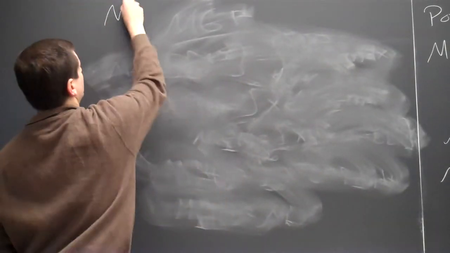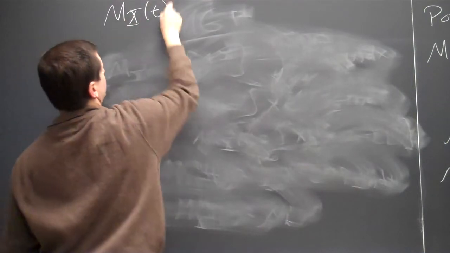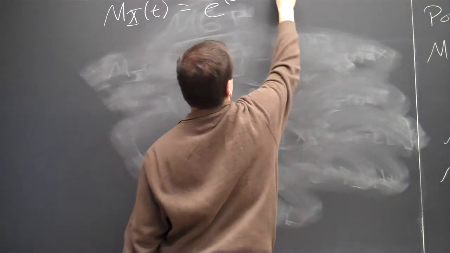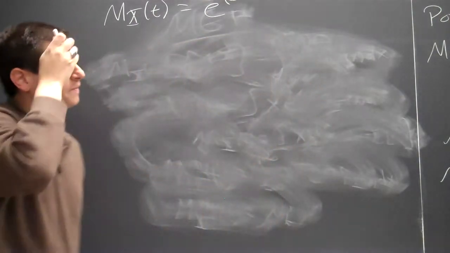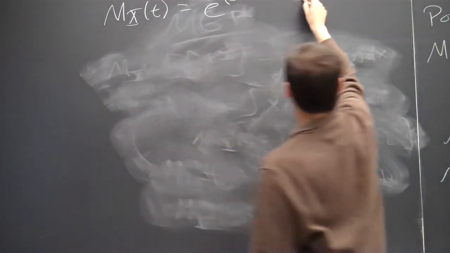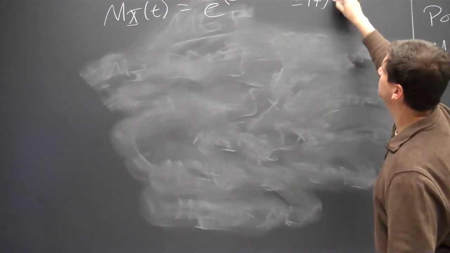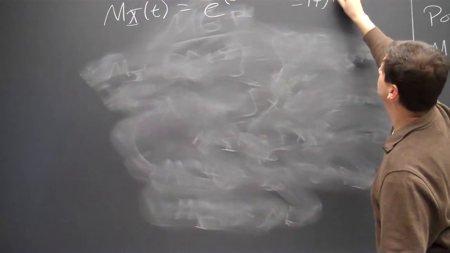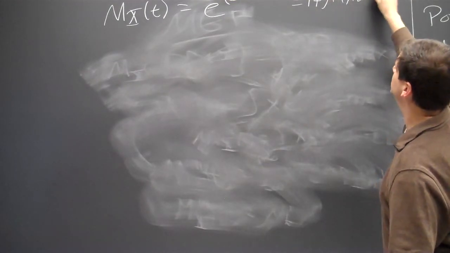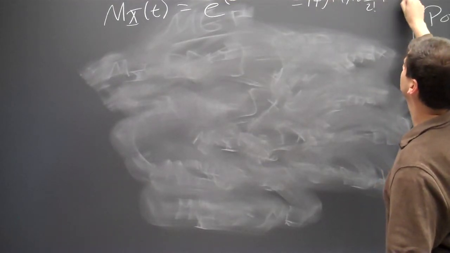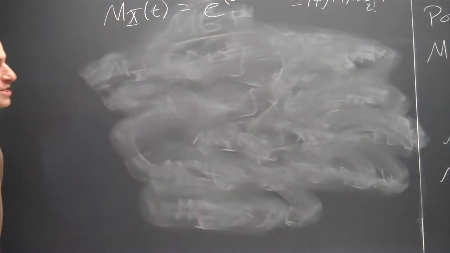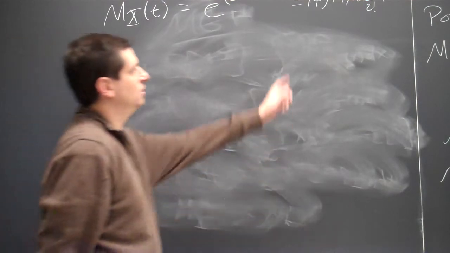So we have M_X of t is e to the (e^t minus 1) lambda. And we know that this is 1 plus mu t plus mu_2 t squared over 2 factorial. I know it's the moment generating function, so I know its Taylor series. Its coefficients are the moments.